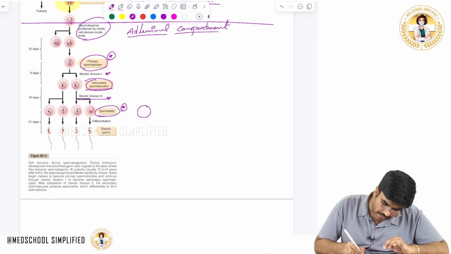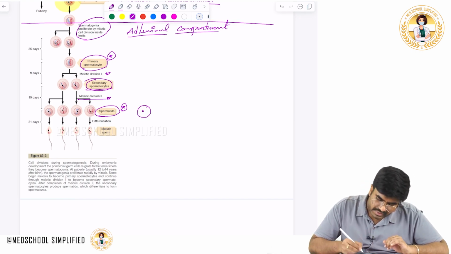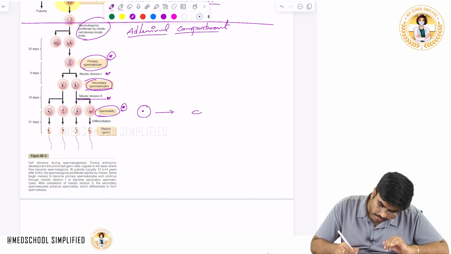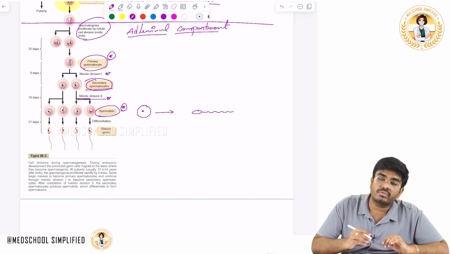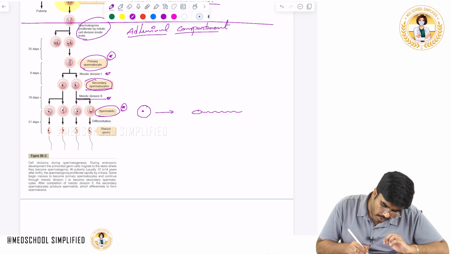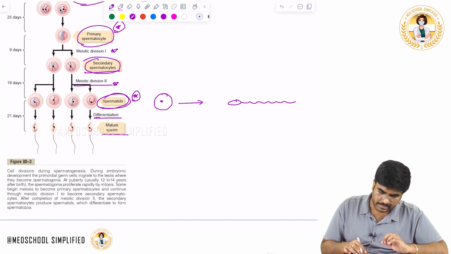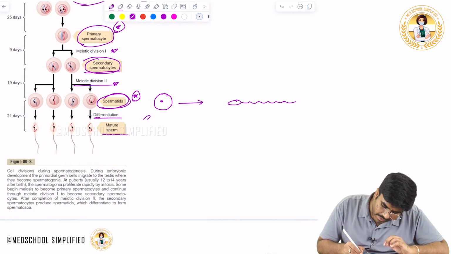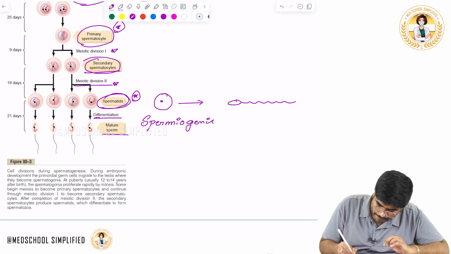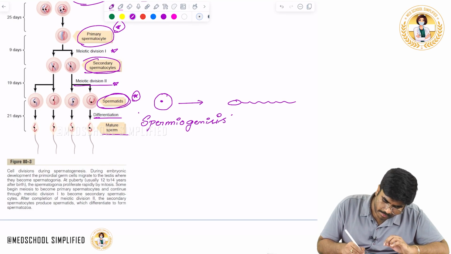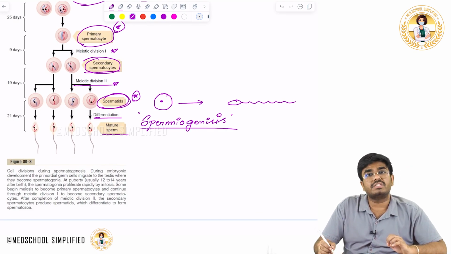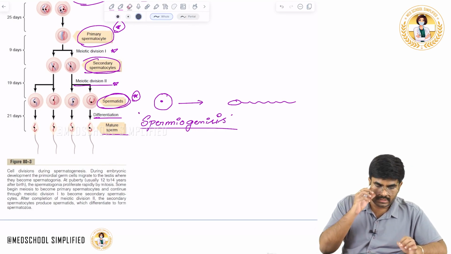Spermatids are the round cells. Now the spermatid later should convert into a spermatozoa with the tail. This differentiation, the conversion of a spermatid into a mature sperm, is called spermiogenesis.